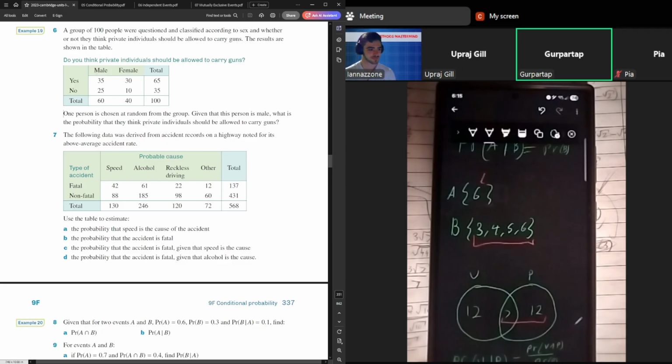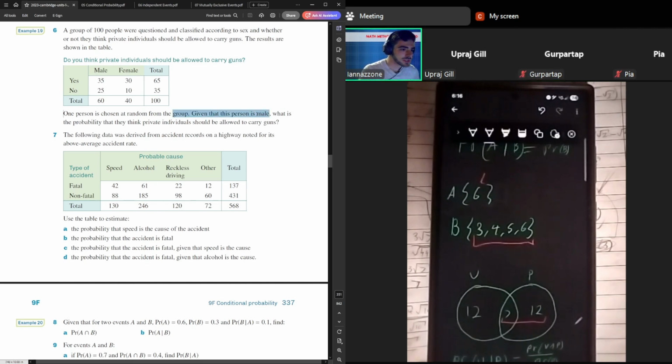Chris, when it says given that the person is male, does that mean we just assume that the sample space we're choosing from is male, or do we need to factor in the possibility that the person being chosen is male? Where's the actual phrasing? Given male.